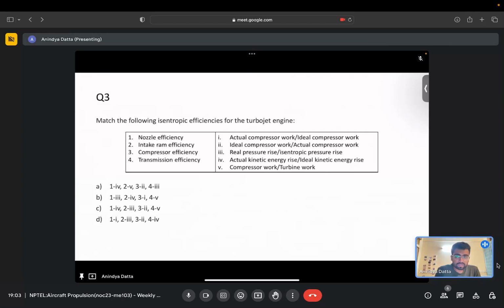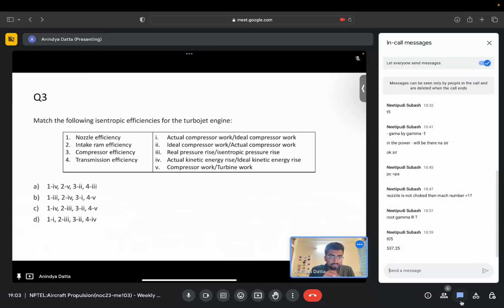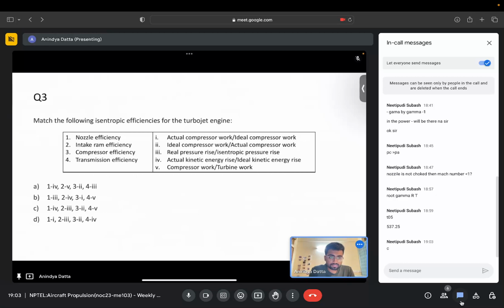You have nozzle efficiency, intake ram efficiency, compressor efficiency and transmission efficiency. Which is the correct option?